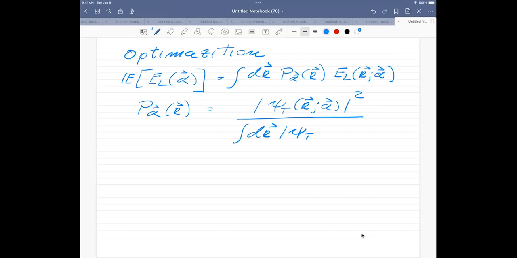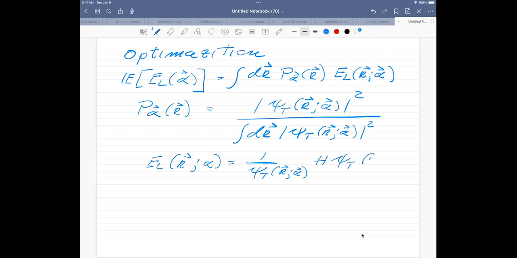Okay, let's write it out like this, so that's this quantity. And then just to quickly remind you of the last quantity which we have here. This is 1 divided by psi t of r and alpha, H acting on psi t of r and alpha.